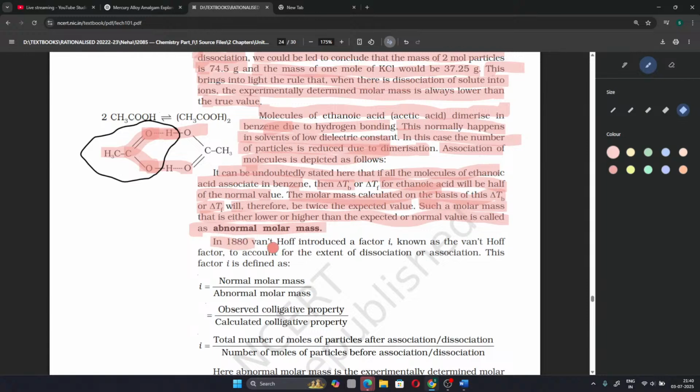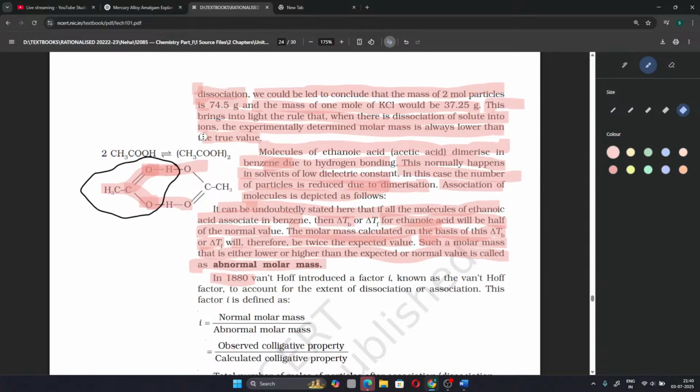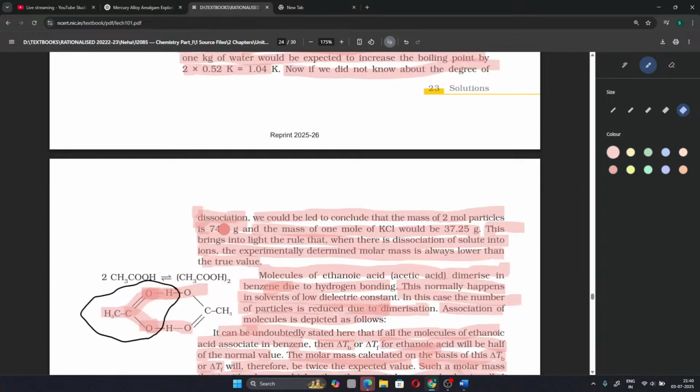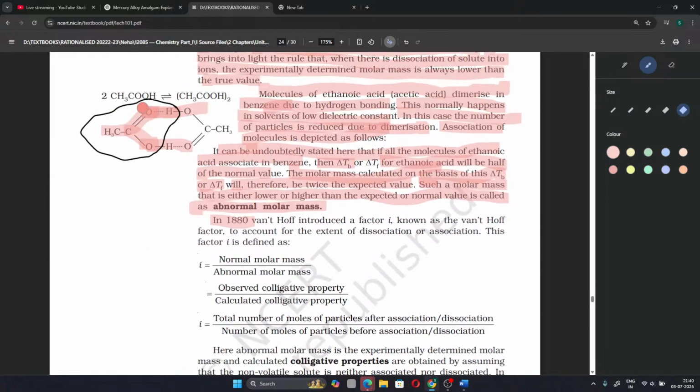Here each molecule's mass is actually double, but in case of KCl, each ion's mass is half of the actual one. It is abnormal.